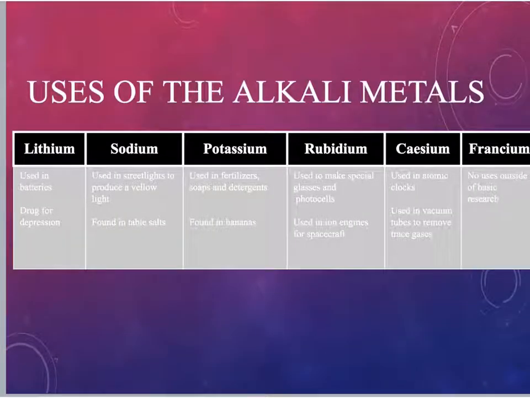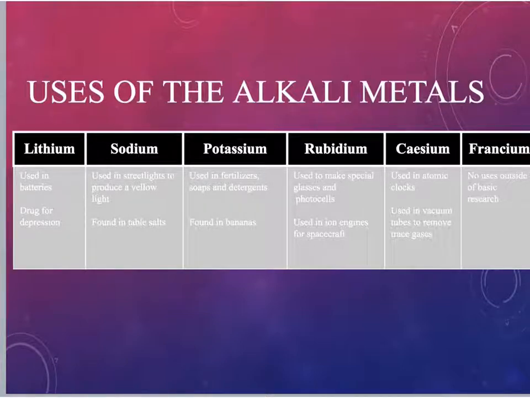The alkali metals also have various uses. Lithium is used in batteries, for example in mobile phones. Anything which has a lithium cadmium battery uses lithium. It can also be used to treat depression. Sodium, interestingly, is used in street lights to produce the trademark yellow glow.